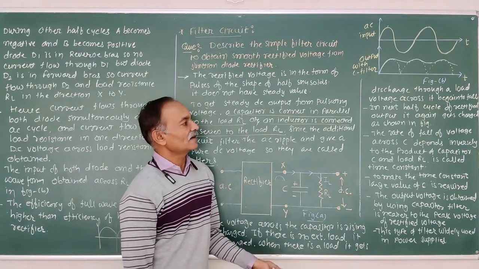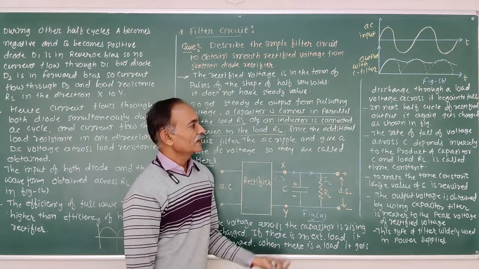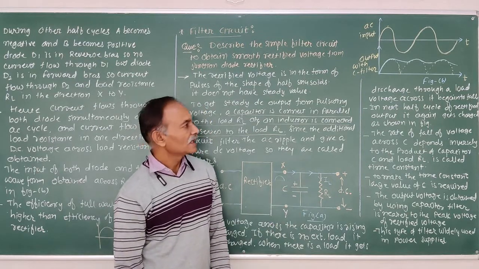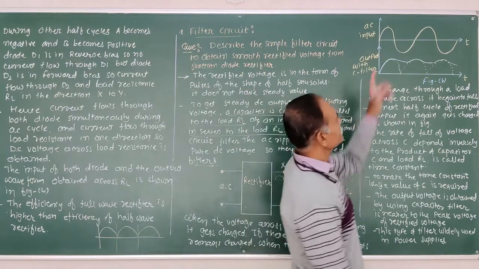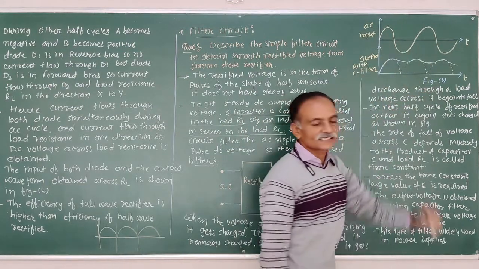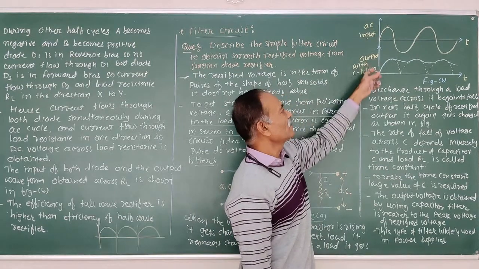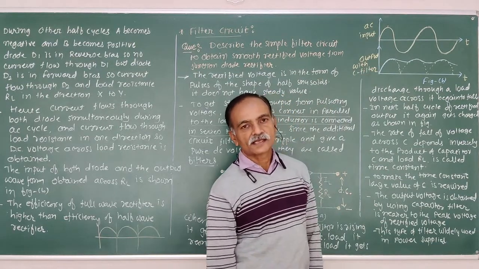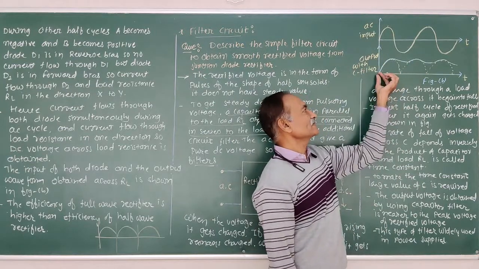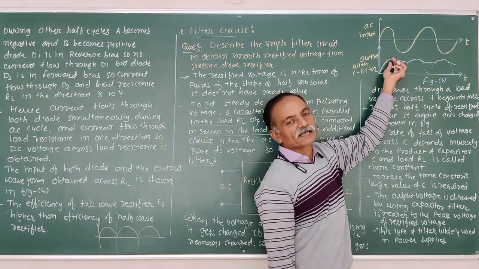In the next half cycle of the rectified output, it again gets charged, as shown in the figure. So there is the input AC signal. What is the output with the C filter? When the rectified voltage increases, the capacitor gets charged and reaches the maximum voltage.